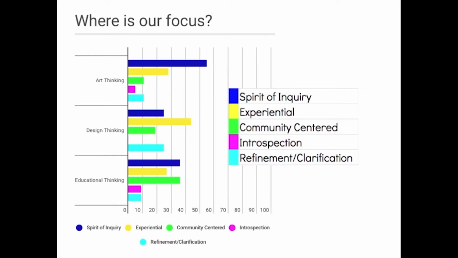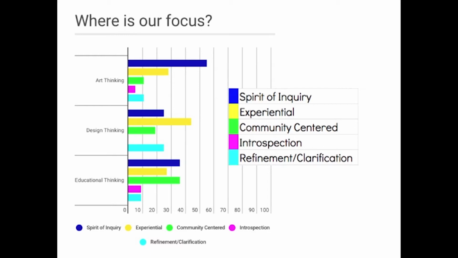So with art thinking, the emphasis was on the spirit of inquiry, really thinking about how are we asking questions? What are we getting our students to investigate? What questions are they asking when we come up with a theme or essential question, are they answering, and how are they creating sub-questions, right? The second focus was experiential learning, the doing, the making, the thing a lot of people think of when they think of the art classroom.